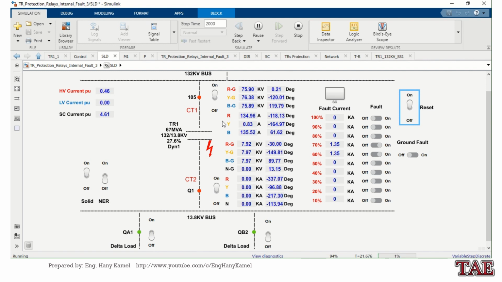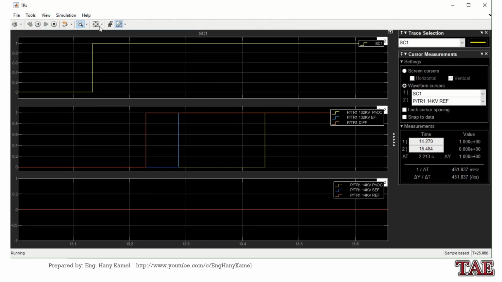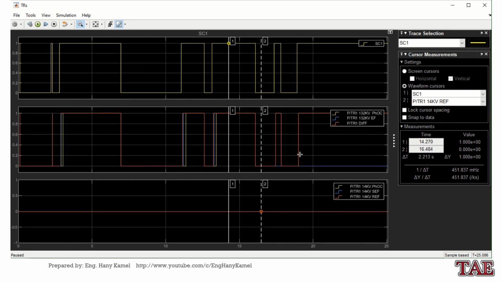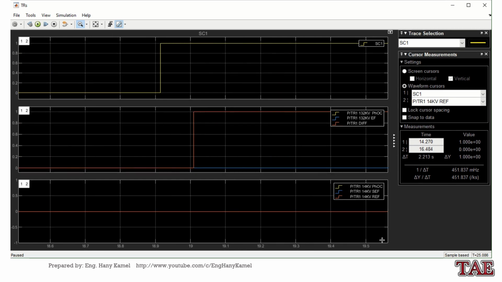The fault is not with ground, so the earth fault will not operate, but only the differential will operate. So we can see only differential is operated.